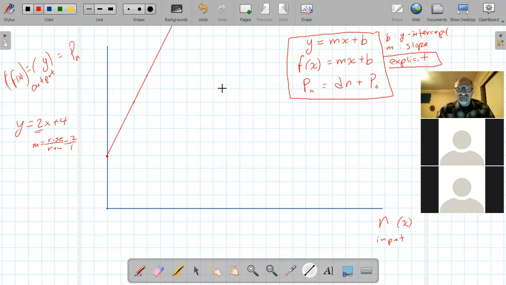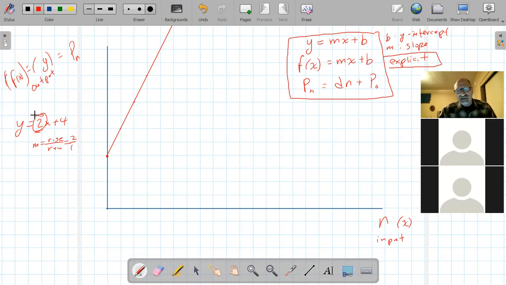A lot of times there's this mostly linear relationship, but the slope isn't always exactly 2. Sometimes the slope is this constant variation, this constant difference. It's not always exactly 2. It might be a little bit more, a little bit less. It varies a little bit, but for the most part, it's pretty close to a linear function.